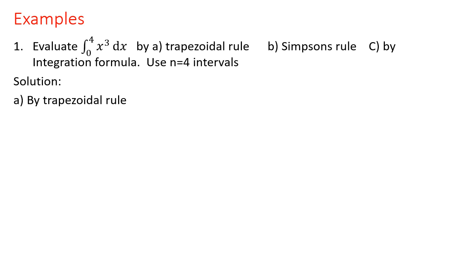Trapezoidal rule: the integral from a to b of y dx equals h times 1/2 y0 plus y1 plus up to yn minus 1 plus 1/2 yn.